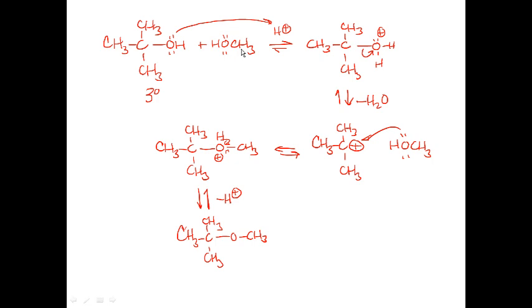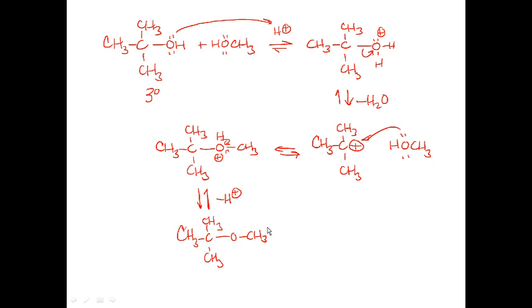Maybe I could, but the more likely path is to protonate the tertiary alcohol, have water leave to form a stable tertiary carbocation, and then have the smaller alcohol attack the carbocation to give me the final product. It's not out of the question that this tertiary butyl alcohol would attack, but it's just more likely to form the tertiary butyl methyl ether.